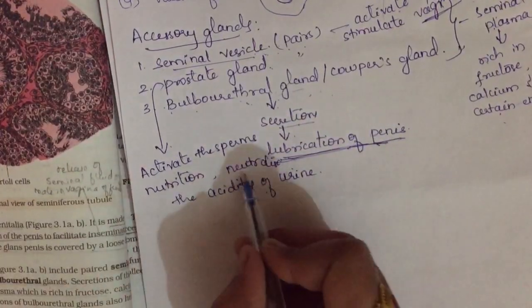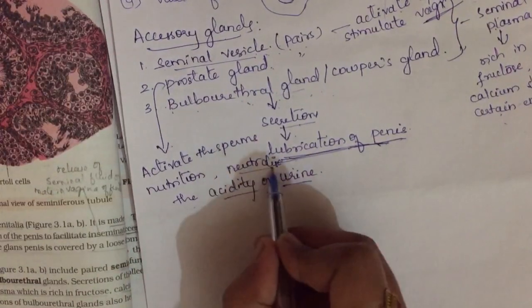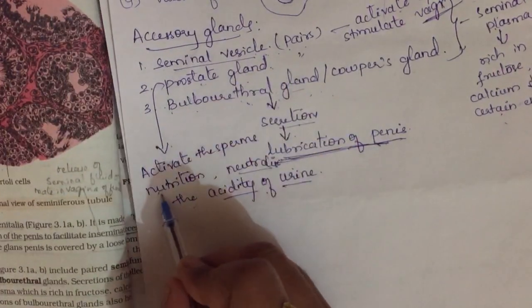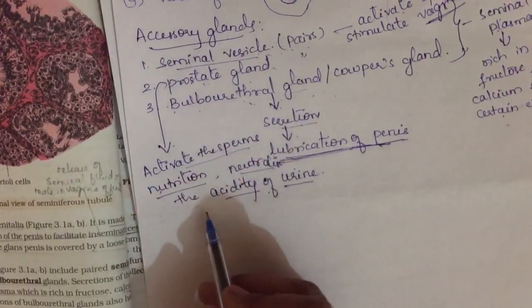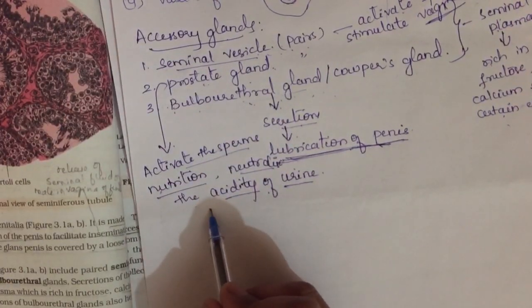The urine's acidity will be neutralized by the prostate gland. What it secretes provides nutrition to sperms and activates the sperms. This is the function of the prostate gland.